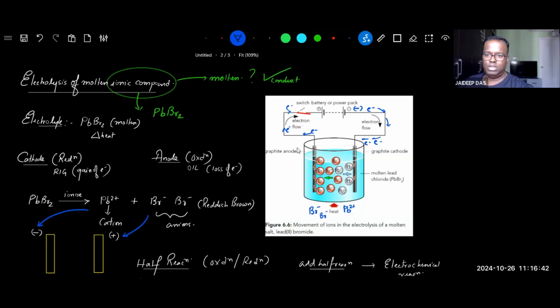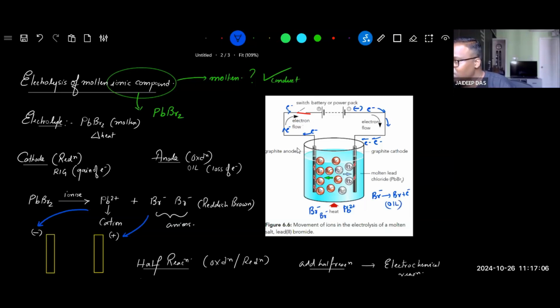Have you understood? Now, what is oxidation? Oxidation is loss of electrons. My bromine fellow has 1 additional electron, becomes Br and loses that electron. This is called oxidation, loss of electron.